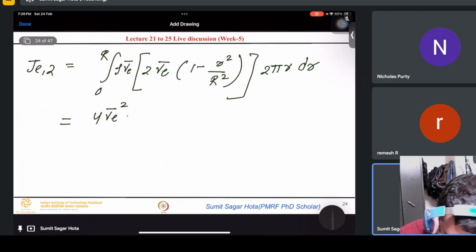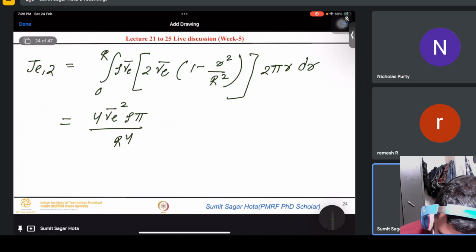Okay. So 4 v square rho into pi divided by r to the power 4.